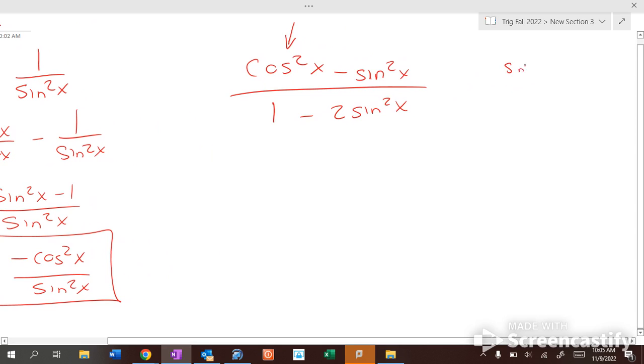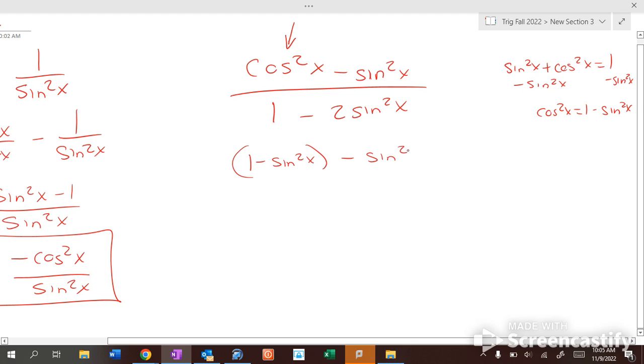I know that sine squared of x plus cosine squared of x equals 1. How do I get cosine all alone? Subtract sine squared of x. So cosine squared of x should equal 1 minus sine squared of x.